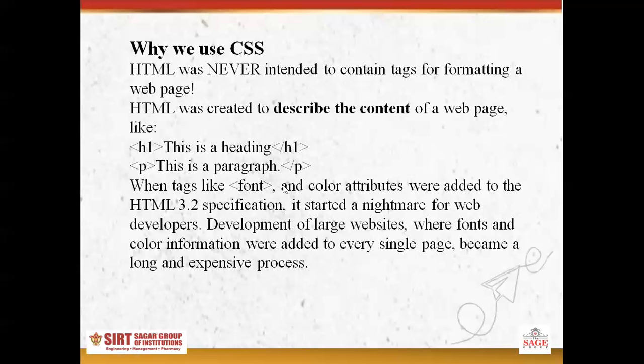When tags like font and color attributes were added to HTML 3.2, it started a nightmare for web developers, because in the development of large websites, where font and color information were added to every single page, it became long and expensive.